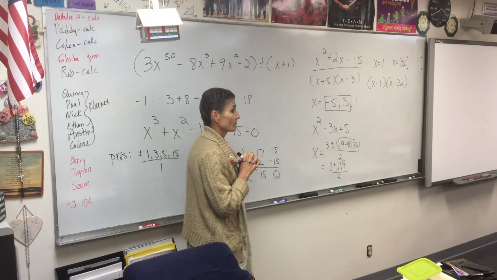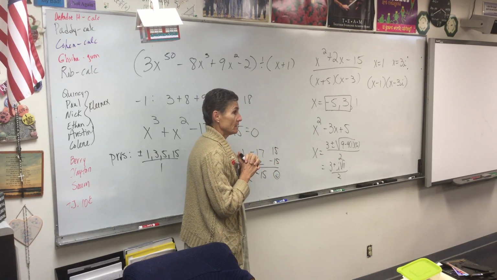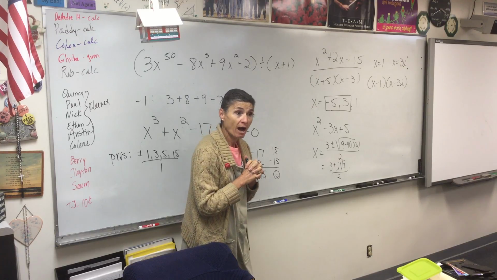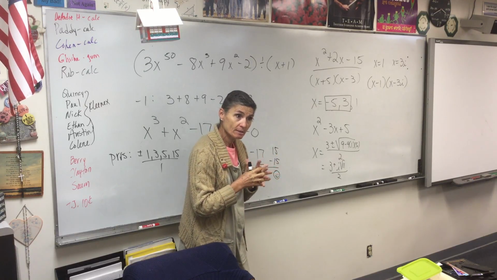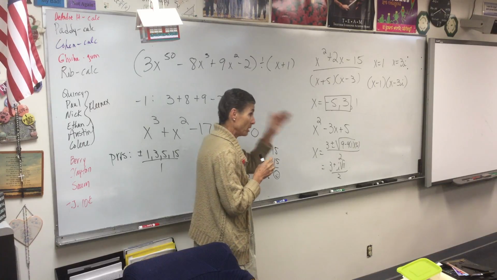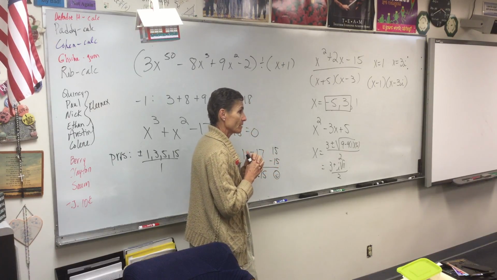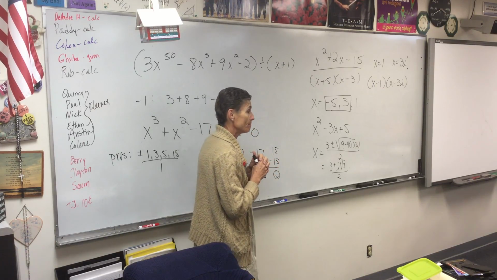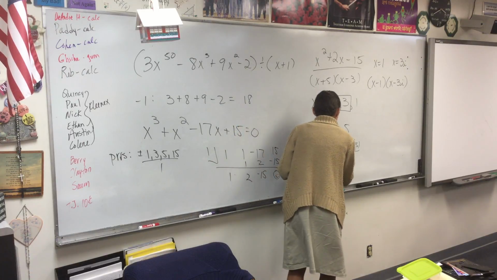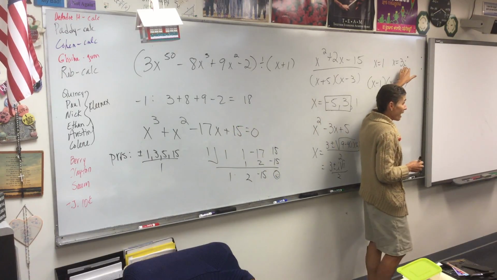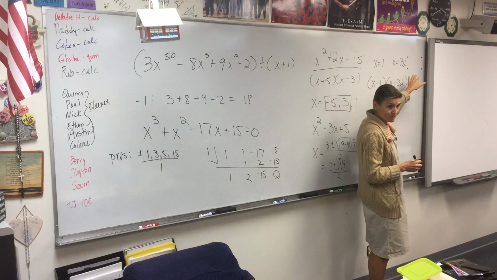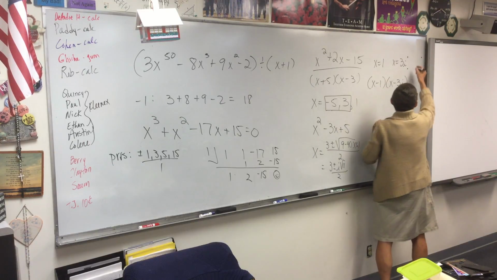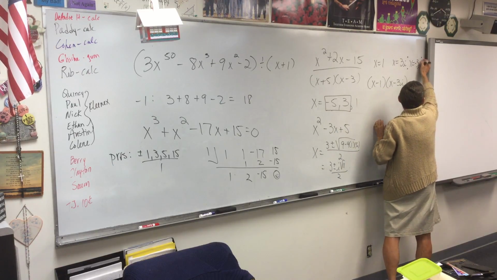No. You can't. Every time you get an i as your answer, an imaginary number, it's a plus or minus situation. Think about it every time. So, if 3i was one of the answers, so was negative 3i.